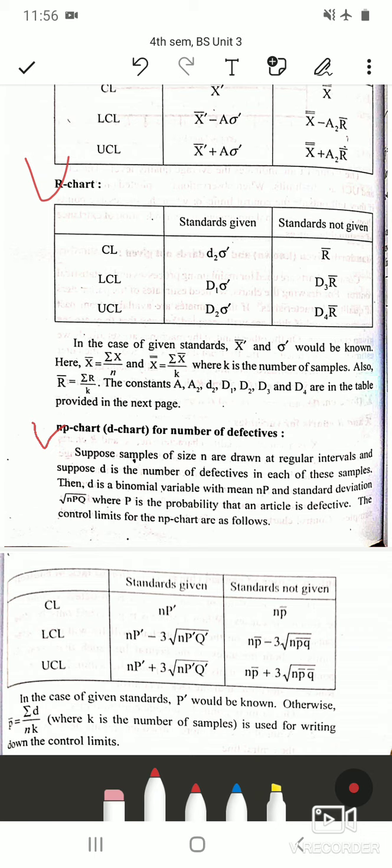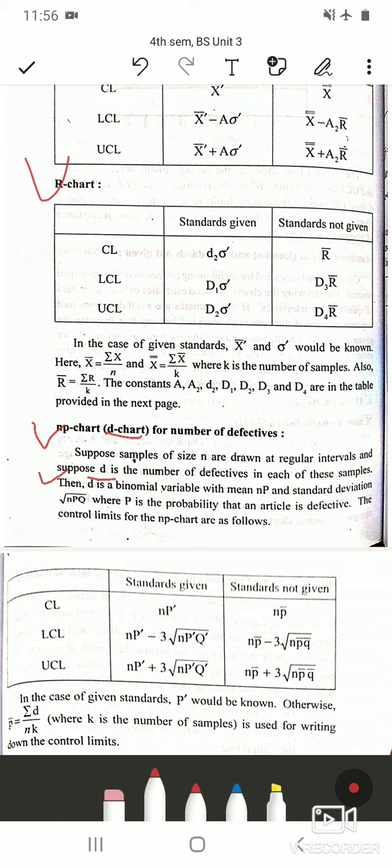Suppose samples of size n are drawn at regular intervals and d is the number of defectives in each sample. So what does the small d represent? It is the number of defectives in each sample. It is also called the D chart, where d is the number of defectives. Then d is a binomial variable with mean n into p, and standard deviation, as we know for a binomial distribution, is square root of npq.